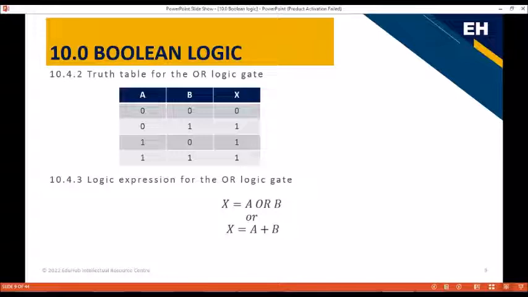The logic expression for the OR logic gate is X equals A or B, or it can be written as X equals A plus B, where the keyword OR is replaced by the symbol plus.